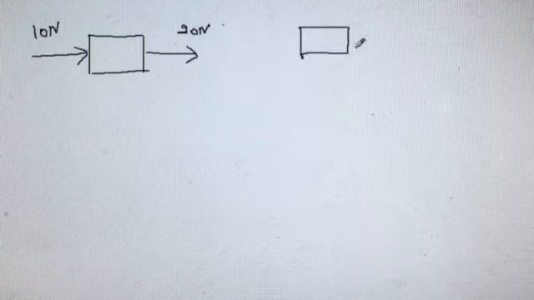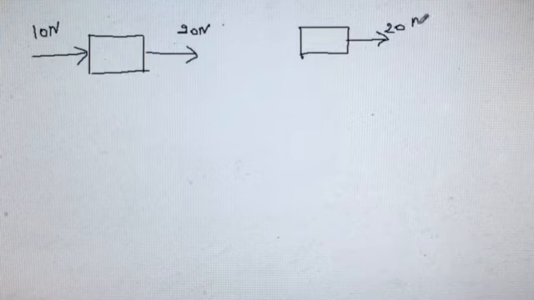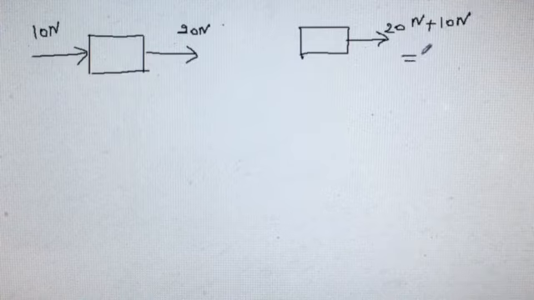So both forces are acting on an object in the same direction, then its resultant will be 20 Newton plus 10 Newton, resultant is of 30 Newton.